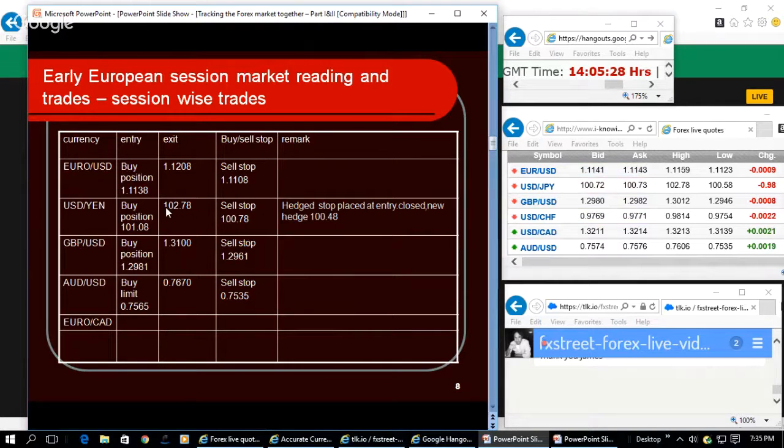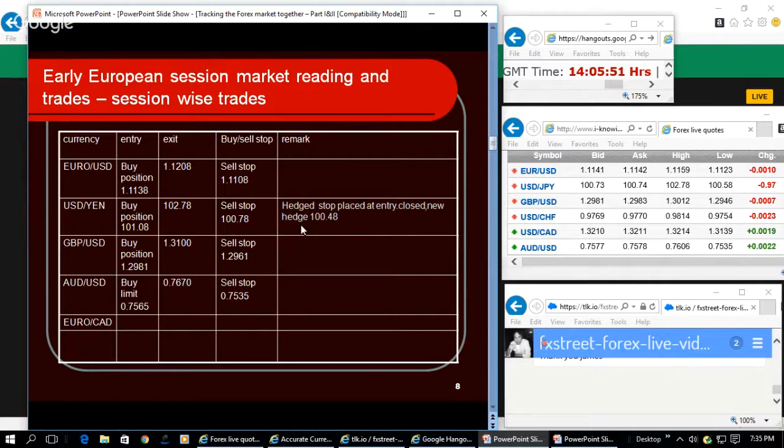Then what happened? At 100.78 I was having the hedge order and that got filled, and then the market came down to 100.60. Then I kept the stop at entry at 100.78. Then they hit the stop, and the stop at entry was closed.